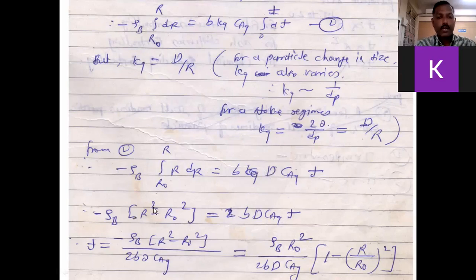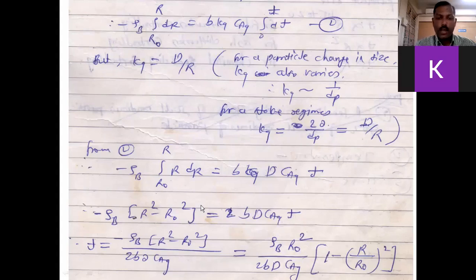Now integrate this equation. Minus rho b into r square minus r naught square; this is r square upon 2, and the 2 is written here, which is equal to 2b into D into Cag into t.